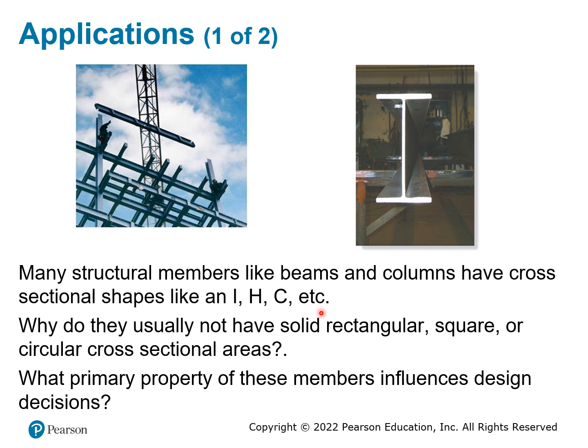Let's begin with a common structural design question. Why do beams and columns often use I, H, or C shape cross sections instead of solid or circular ones? The reason is how the material is distributed in a cross section.